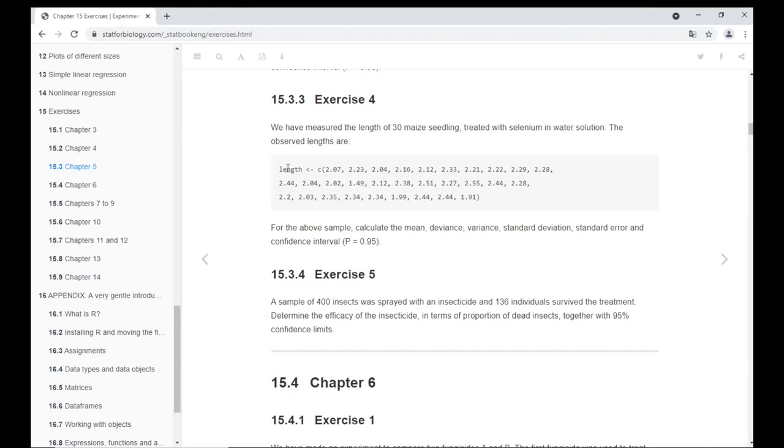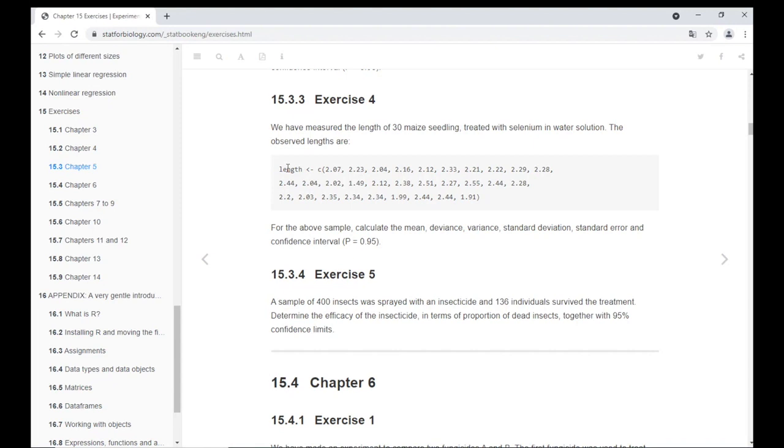So for this case, we did not observe a continuous variable. This was a binary variable because we looked at each insect and observed whether it was dead or alive. So we did not measure anything. We simply classified each insect in 2 categories, dead or alive.